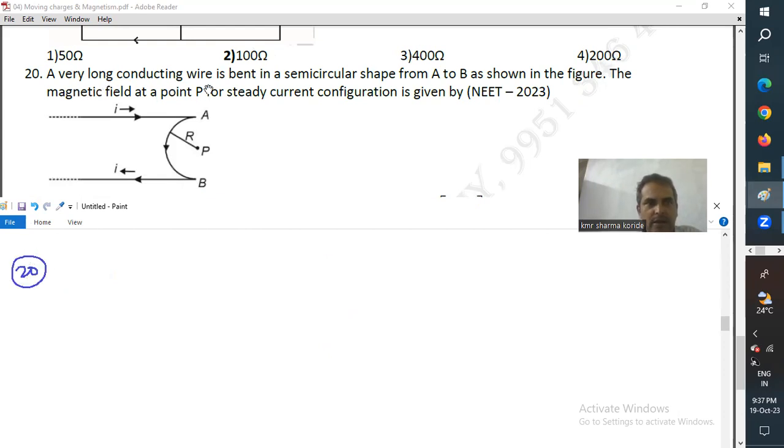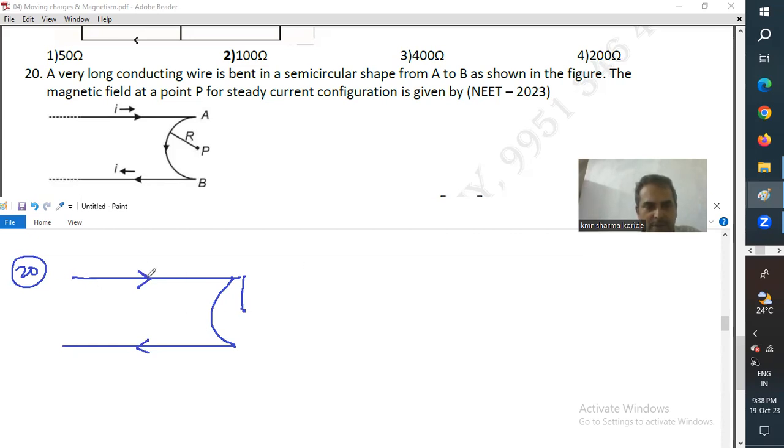A very long conducting wire is bent in a semicircular shape from A to B, as shown in the figure. Find the magnetic field at point P for the steady current configuration. There are 2 straight conductors here and 1 semicircular conductor. This is the magnetic field due to an infinite conductor, and this is going to be the perpendicular distance.